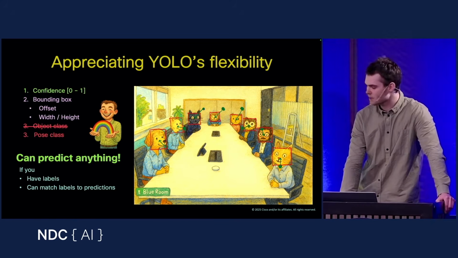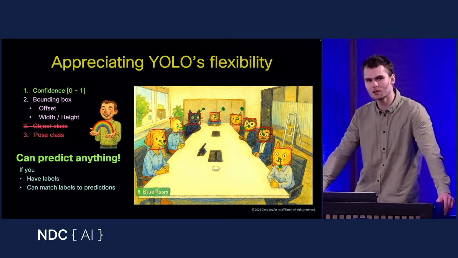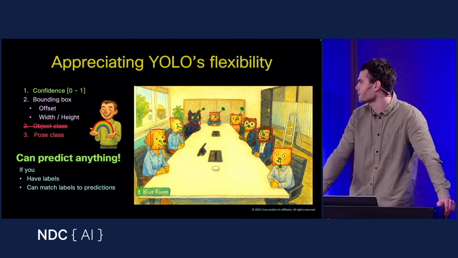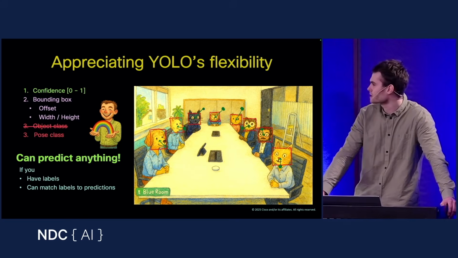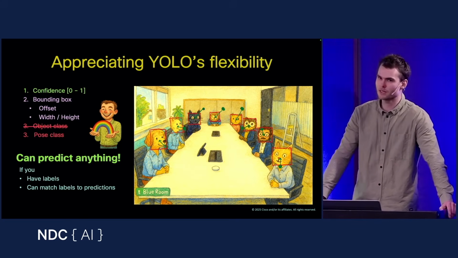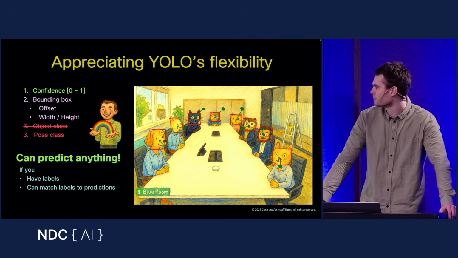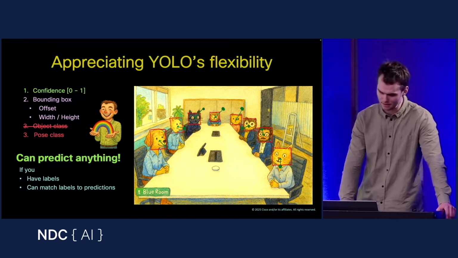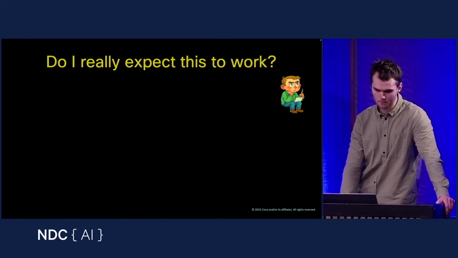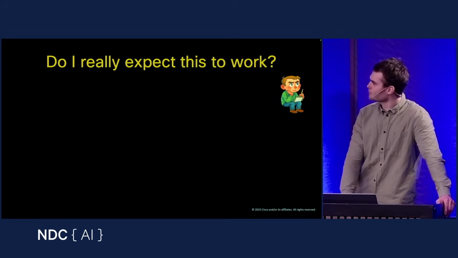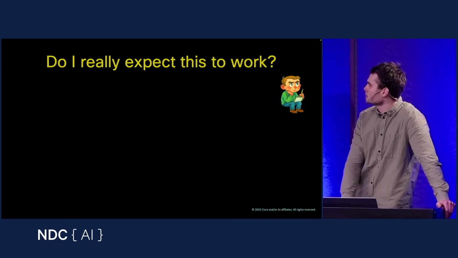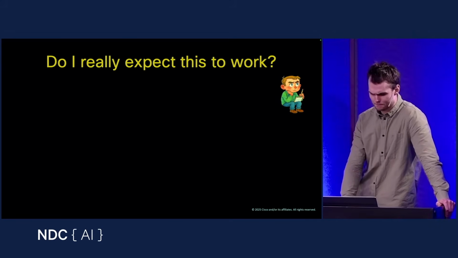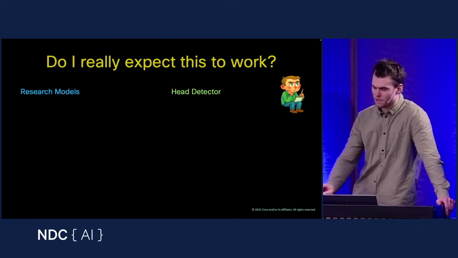A little caveat there is that if you want your model to do different things, it helps that when they are related. Most of the weights are shared, so if you have very different tasks, the model might struggle to learn both of your tasks at the same time. But before we continue, do I really expect this to work? Let's compare what we have.